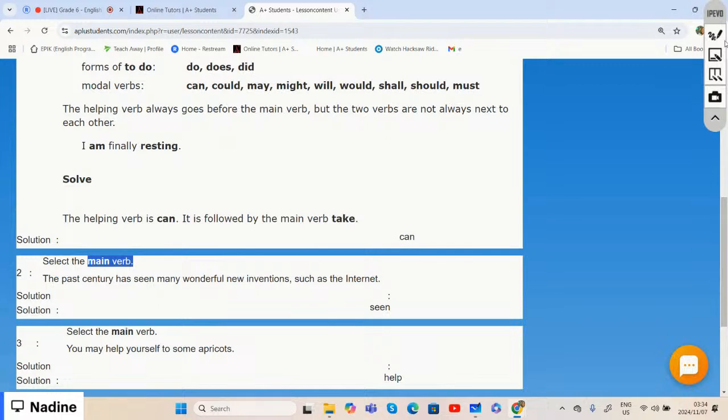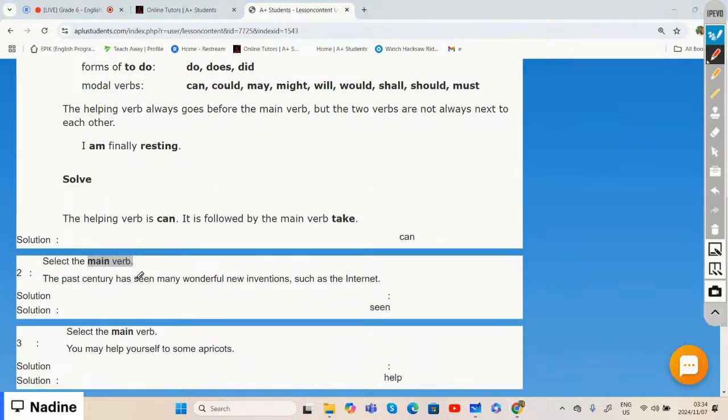And if we were to select the main verb, then our main verb would be seen.